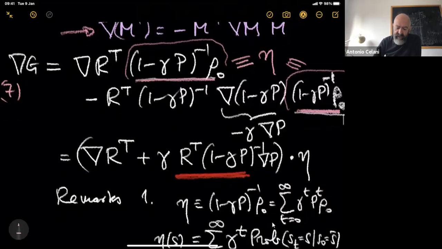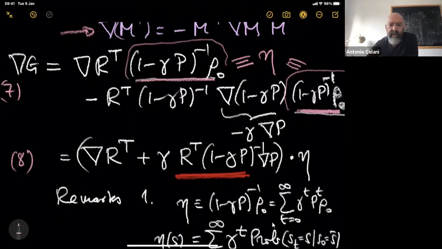What it is will come in a second. The only thing I have to do is, by manipulating this equation, I come directly to equation 8, which is just regrouping everything on the left and isolating this new eta. This is just a simple manipulation.